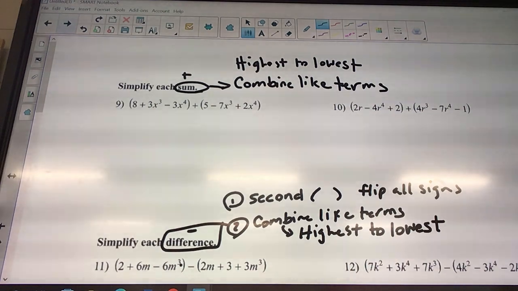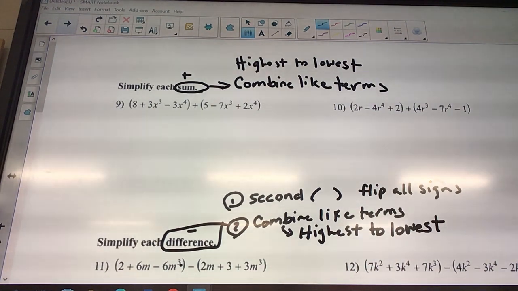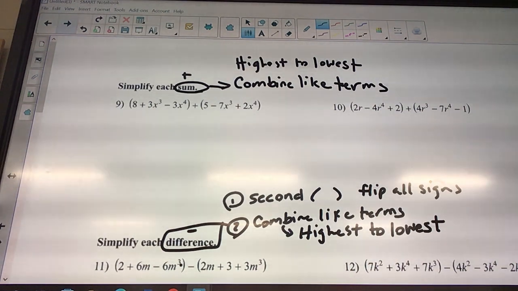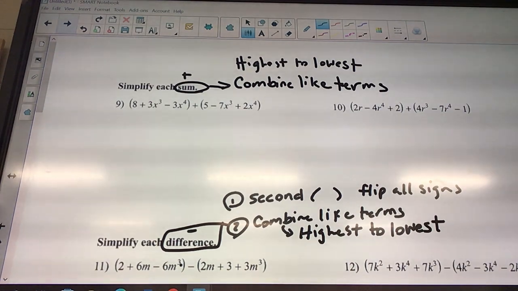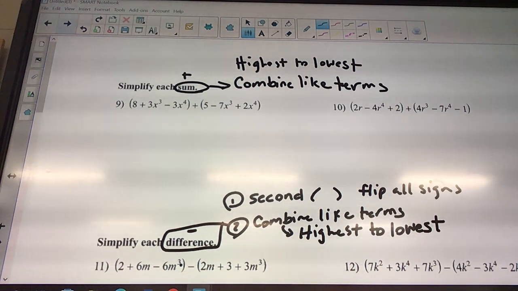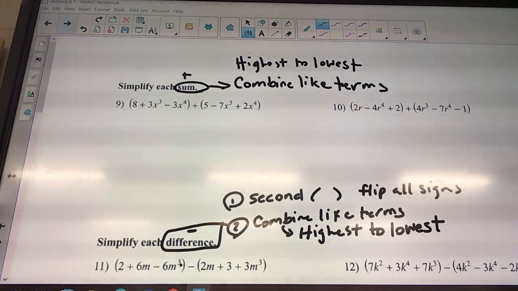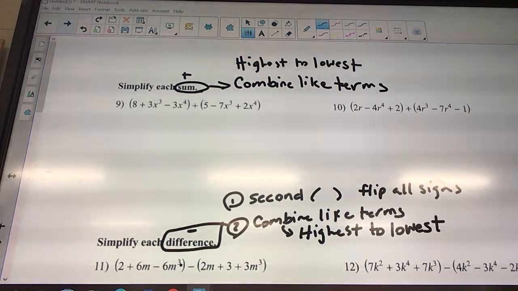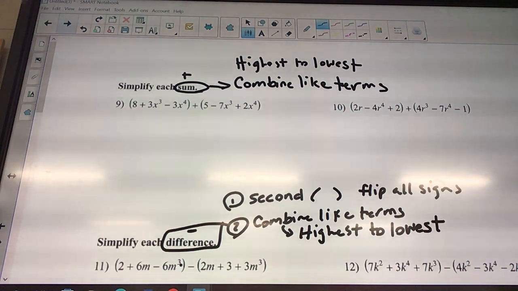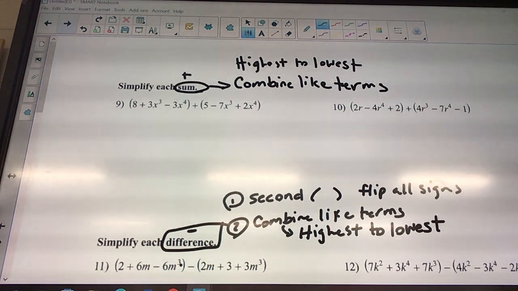Okay, when we're looking at these, what is the highest exponent up there? Wasn't it x4? Yeah, x to the 4. Okay, so we need to find all the pieces that have x4 up there. Which are what?